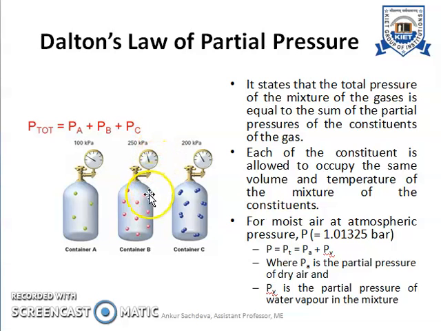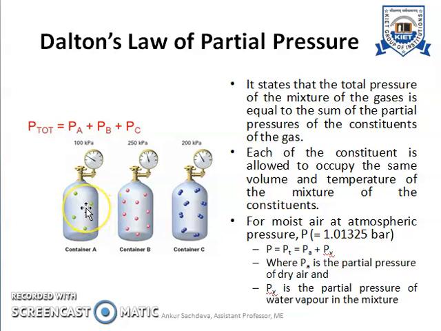Here we have three containers, container A, container B and container C, which contain three different gases: gas A, gas B and gas C. A pressure gauge is connected to all three containers, as you can see.